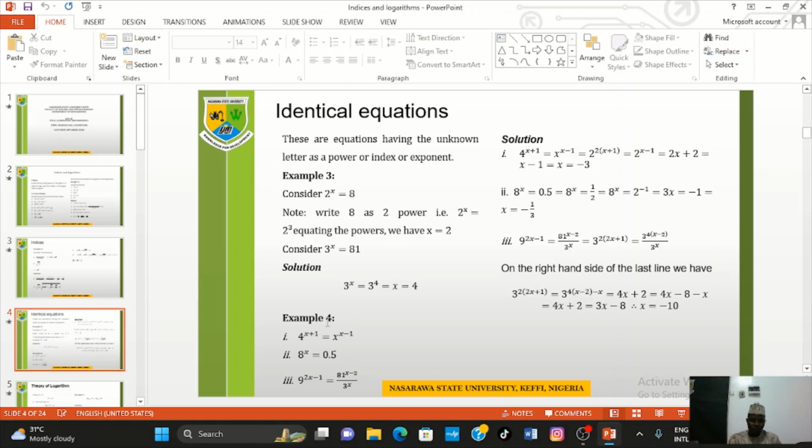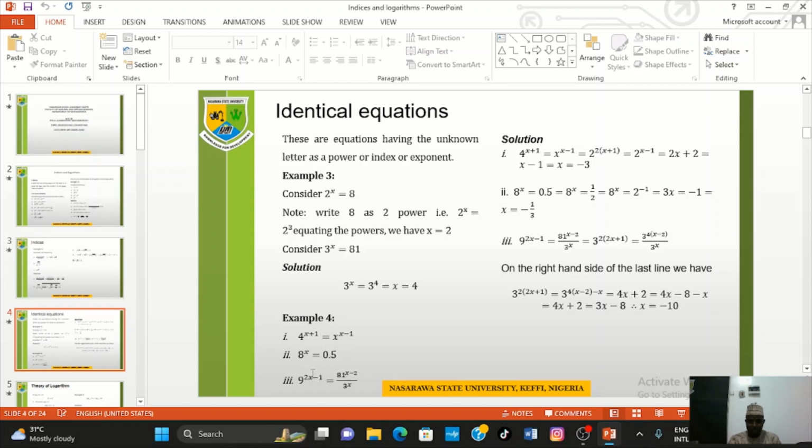So we also have other different examples. Let's take for example these ones, which you are to simplify. Number 1, 4 raised to the power of x plus 1 equals 2 raised to the power of x minus 1. Number 2, 8 raised to the power of x equals 0.5.